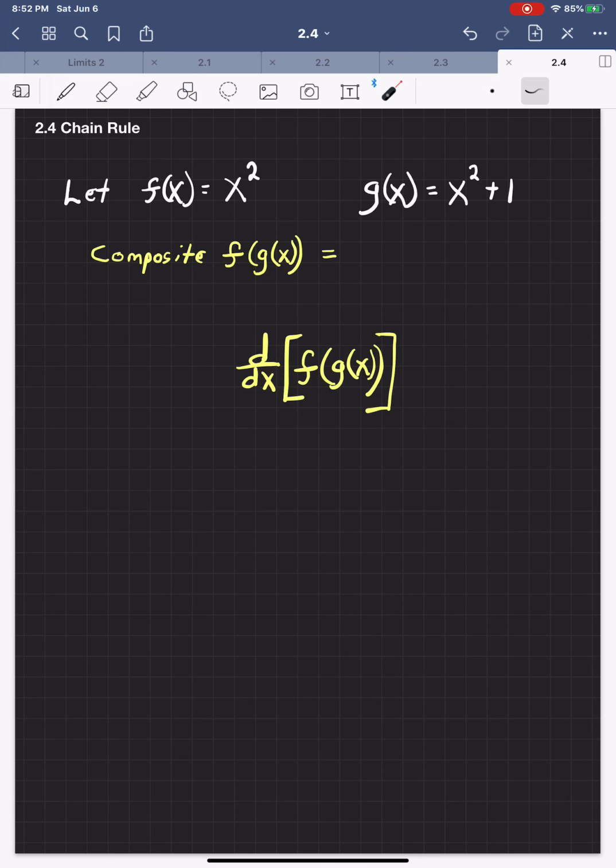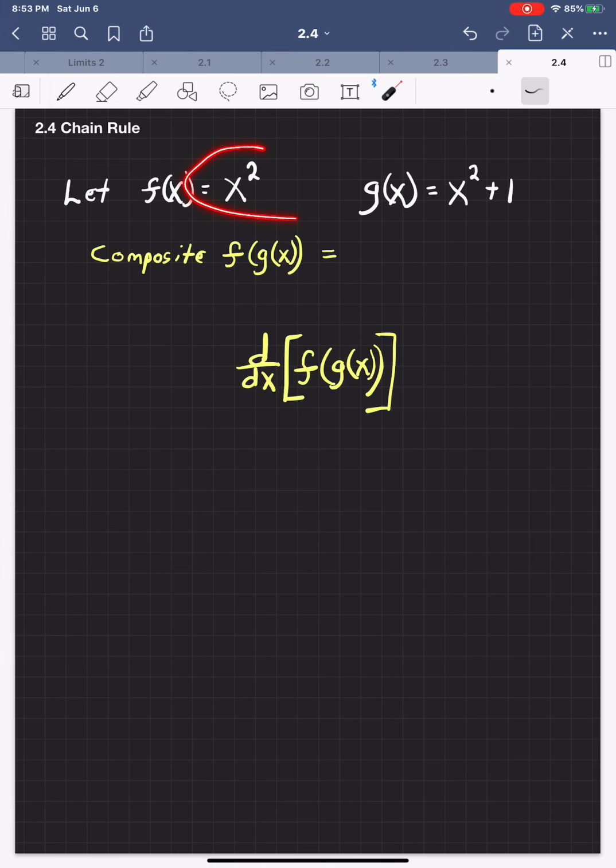But let me go ahead and start with what we mean by chain rule. I'm not going to give you a proof. I just want you to make sure you understand what type of derivatives we are interested in. So here we have f of x is equal to x squared and g of x is equal to x squared plus 1. Now there are lots of ways to combine these two functions. I could do f plus g, f minus g, f times g, but we have ways of dealing with each of those.